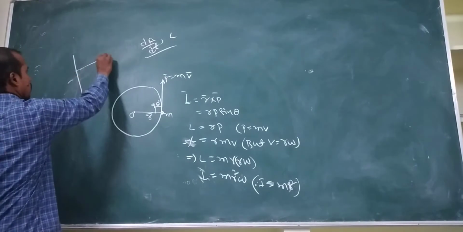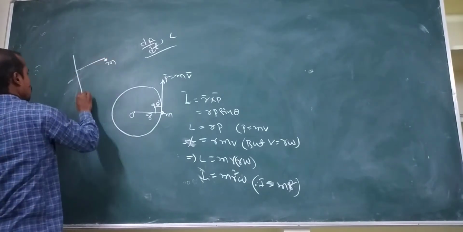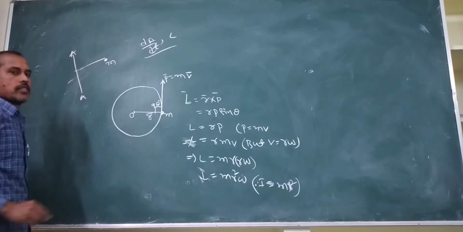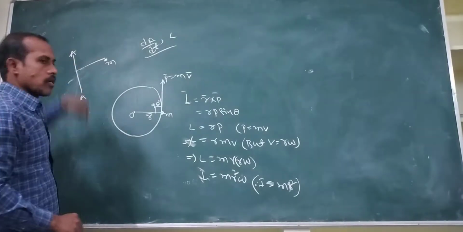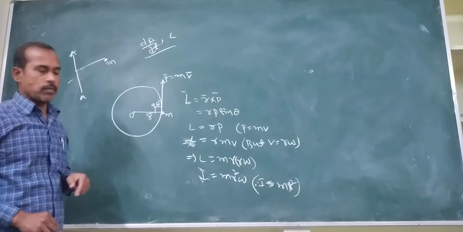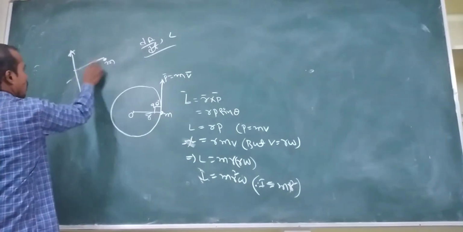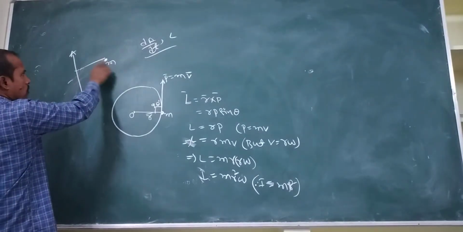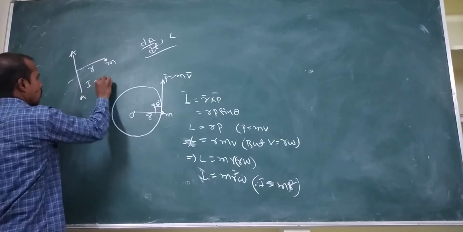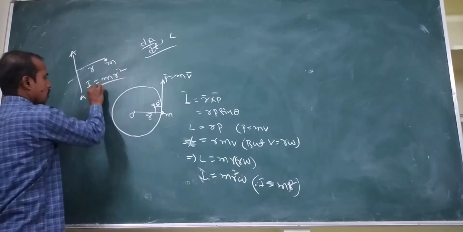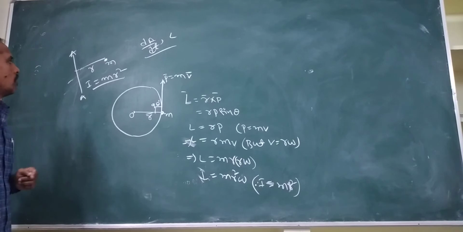For example, this is a particle of mass m. This is the axis of rotation. This particle is rotating about this axis of rotation. The distance of this particle from the axis of rotation is r. Moment of inertia is I is equal to m r square.